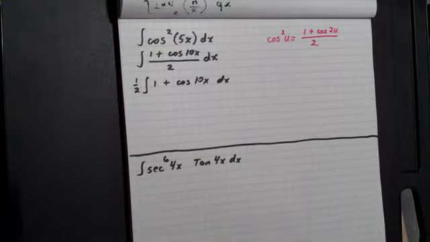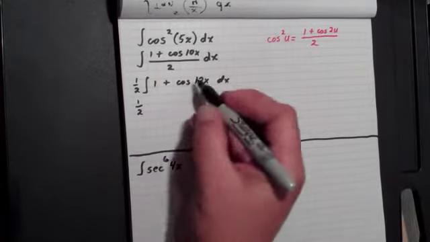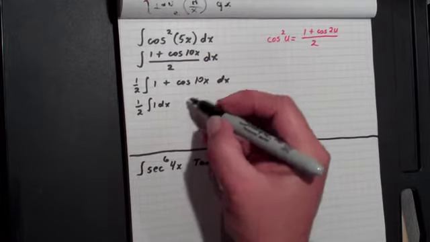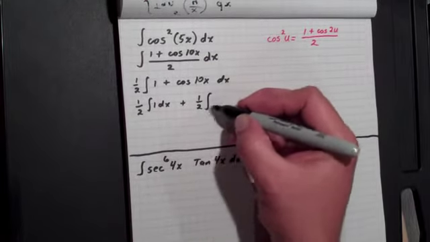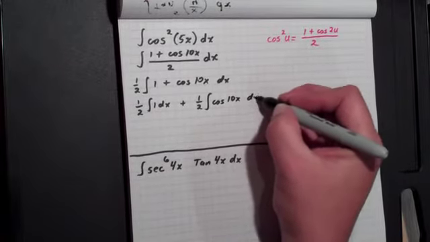Both of these are integratable at this point, so I'm going to keep the 1/2 on both of these and turn it into two separate integrals: the integral of 1 dx, and, with the 1/2 kept on the second one, the integral of cosine of 10x dx.